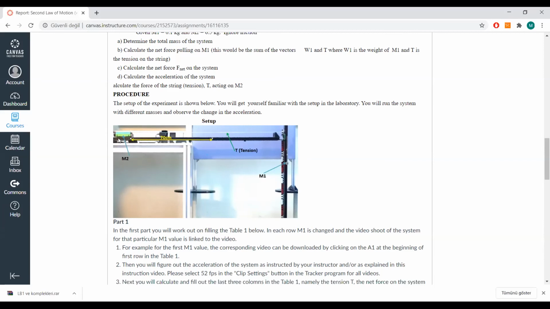Since the track is frictionless, they are ready to move towards the net force as soon as the system is released.